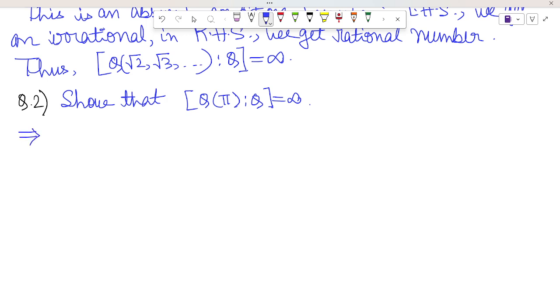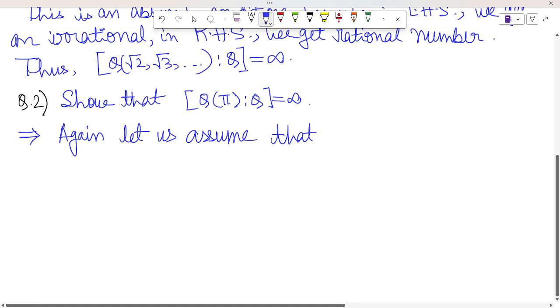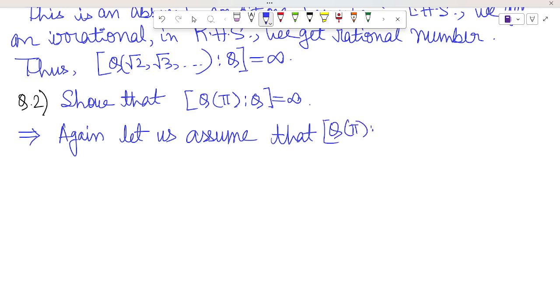How to show? Again, let us assume the degree of extension is finite, say n.